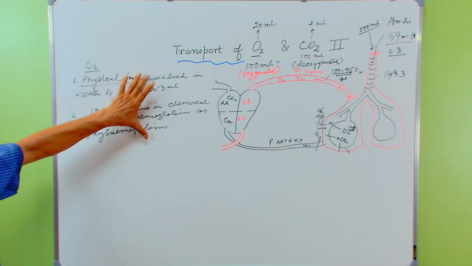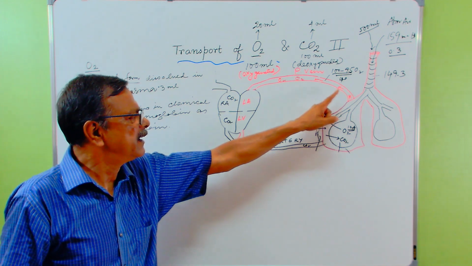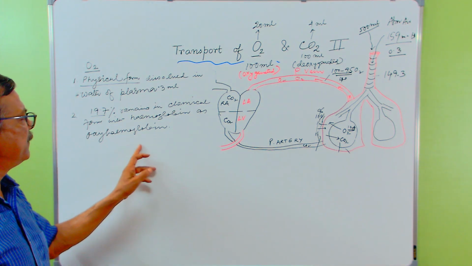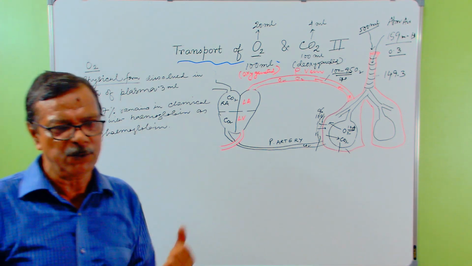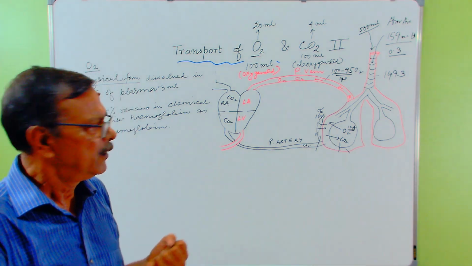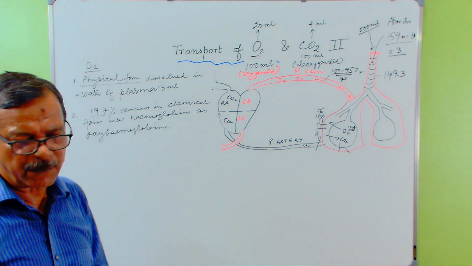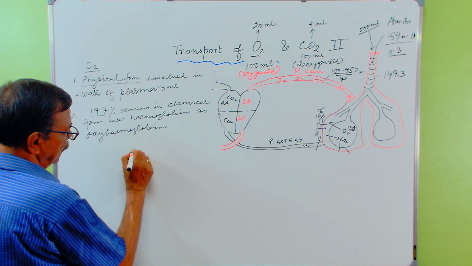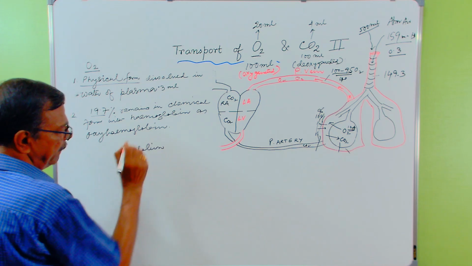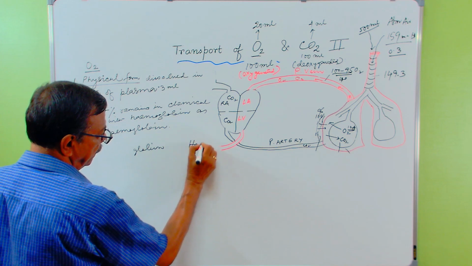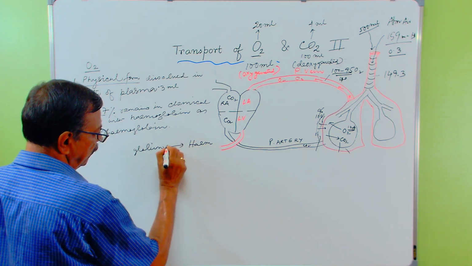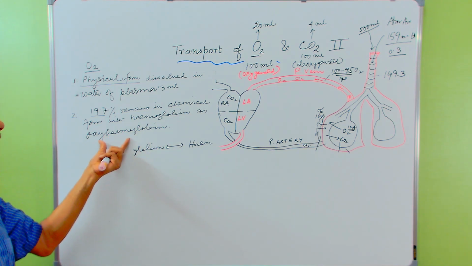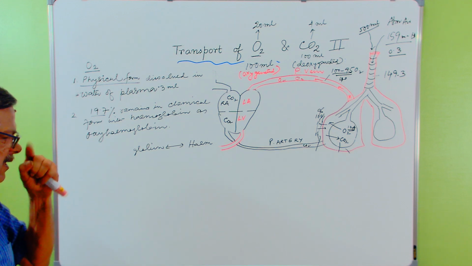So these are the two forms in which oxygen is carried. Hemoglobin has a great affinity to bind oxygen. This oxyhemoglobin consists of two parts. You might know that heme plus globin is hemoglobin. It remains attached, that is, it joins with oxygen.